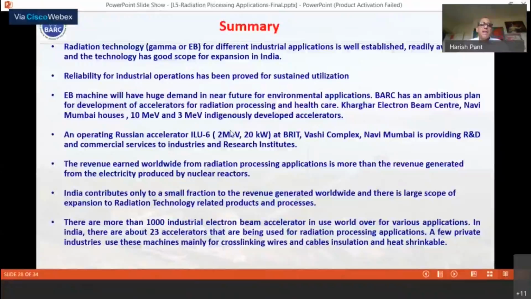in this accelerator. Thus, revenue earned worldwide from radiation processing application is more than the revenue generated from the electricity produced by the nuclear reactor.